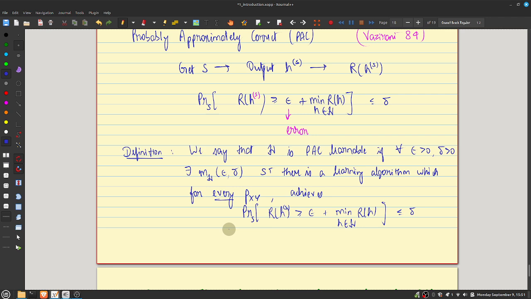There exists a learning algorithm that uses only these many samples. If you have at least these many samples, then you're guaranteed to do well.